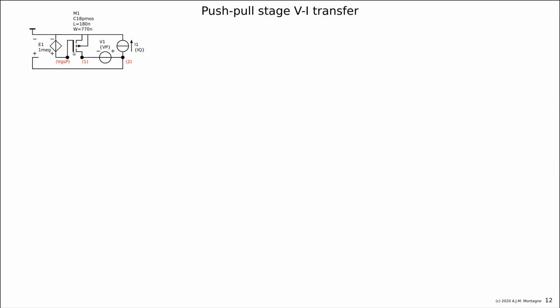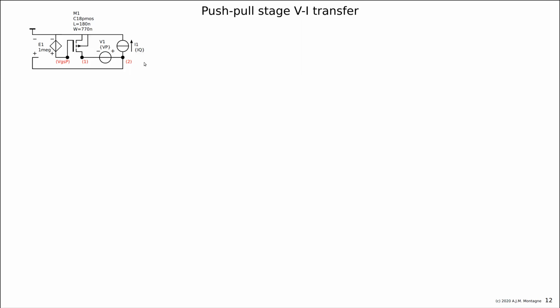And for this MOS device, the gate current will be 0. So we only have to read this VGS. And this is a P device, so it looks a little bit different than for the N device. The whole thing is flipped, but of course, the principle is exactly the same.